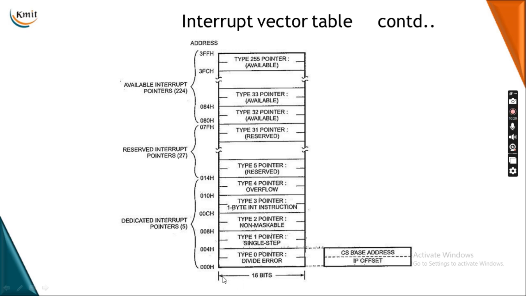Starting from 00000H, 4 bytes are for CS and IP: type 0, then type 1, type 2, type 3, type 4, like that up to type 255. So 256 interrupt pointers are present in the interrupt vector table.